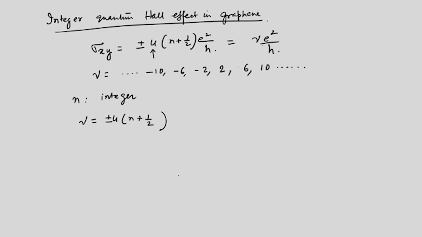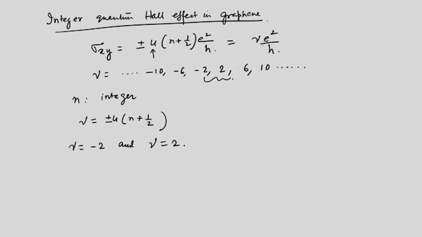If you note, nu equal to minus 2 and nu equal to 2, okay. So, these two values correspond to empty and filled levels with eigenvalue En equal to 0. That is the lowest Landau level. So, En equal to 0.